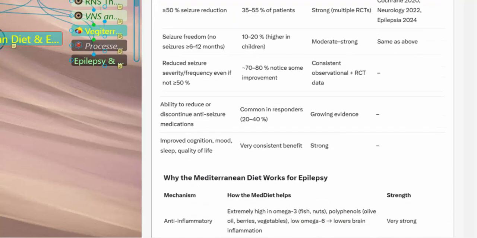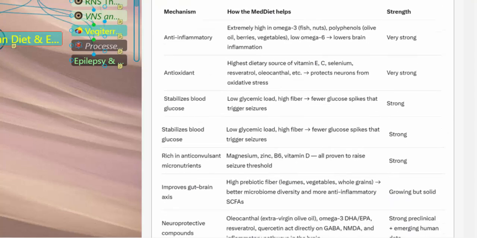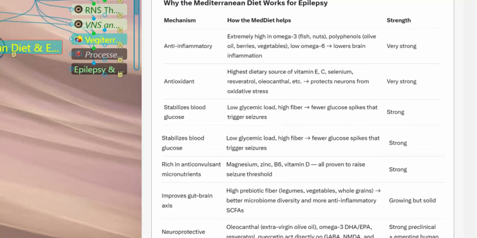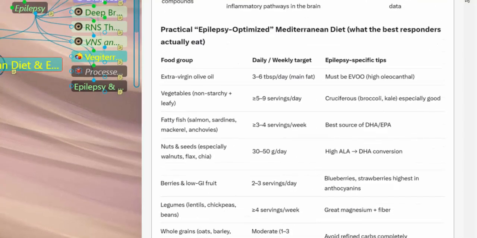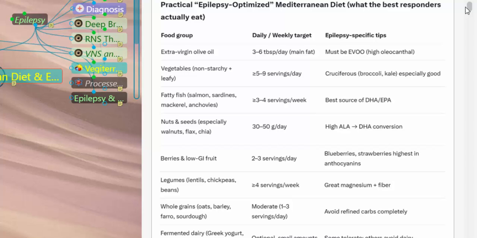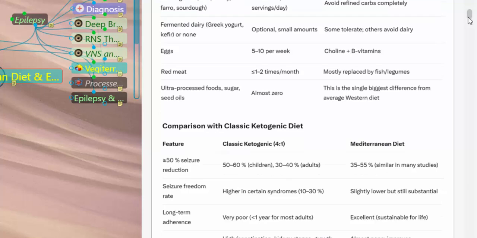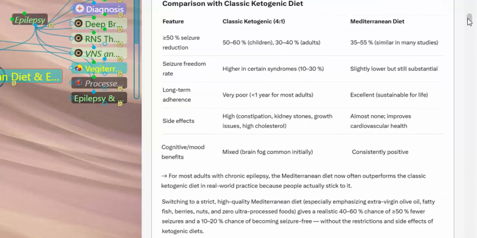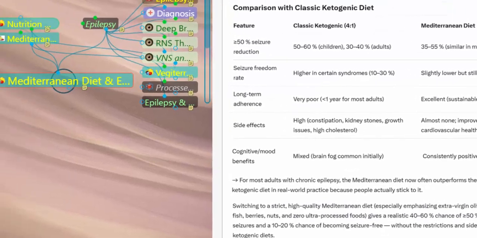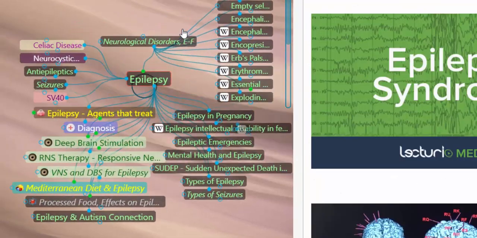Here's a summary of the proven benefits, why it works for epilepsy, practical epilepsy optimized Mediterranean diet, what the best responders actually eat, comparison with the classic ketogenic diet, see what else we can look at.